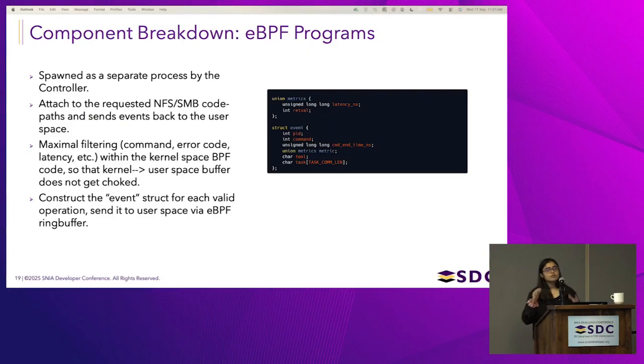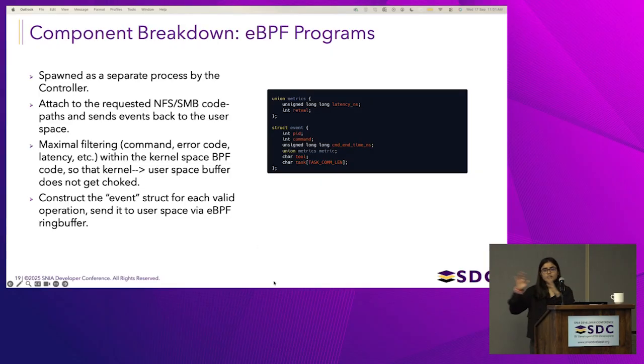And just to make sure that we do not clog the ring buffer with any extra events, we need to perform maximal filtering inside the kernel itself. So if you are interested in events that are higher than 100 millisecond latency, you do not want events that are lower than 100 millisecond latency, for example, or you do not want any extra error codes to go to the user space. So we keep the filtering to the max here so that we do not clog the eBPF ring buffer.